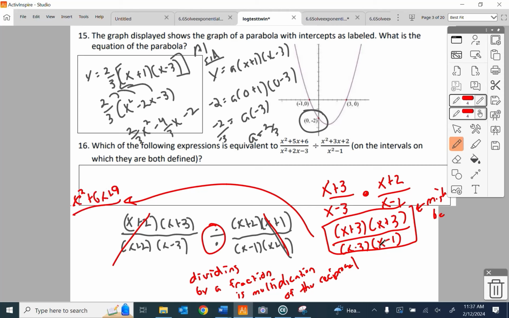The bottom becomes x squared minus 4x plus 3. And there is no more simplification, if you think there is not. There is no more simplification of that thing. So it's one of those two answers. I don't know which one it is.